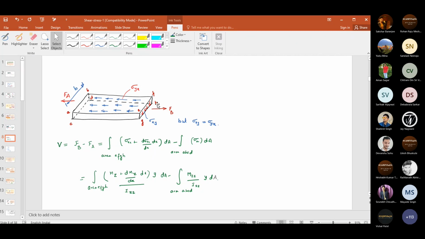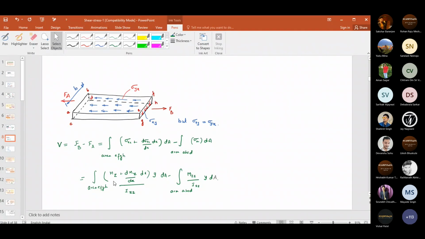EFGH, so this is the area. So area EFGH multiplied by the bending stresses, sigma xx plus d sigma xx dx, into dA. Similarly, the area sigma xy is equal to dA.